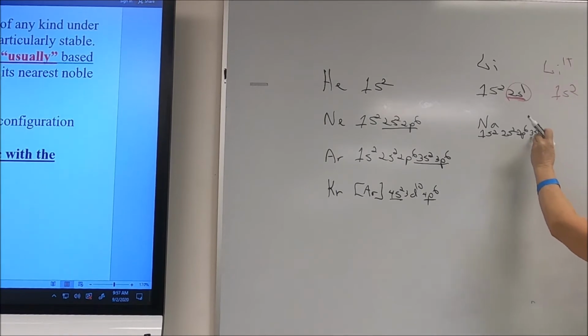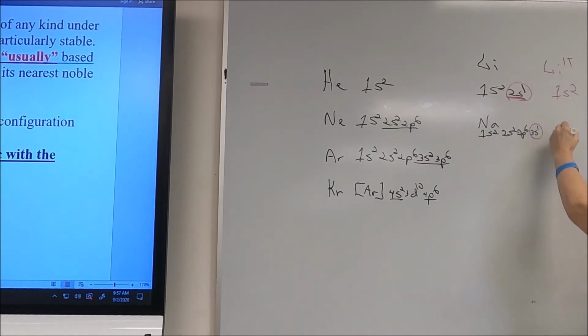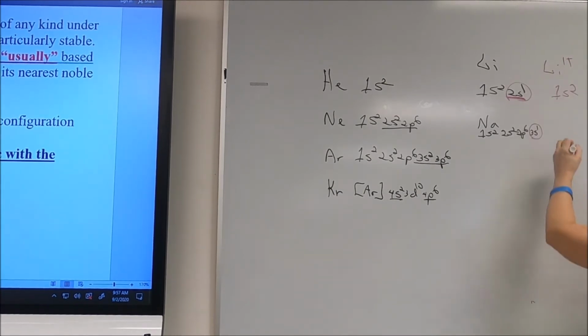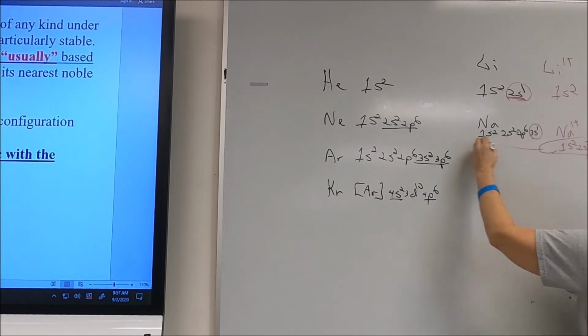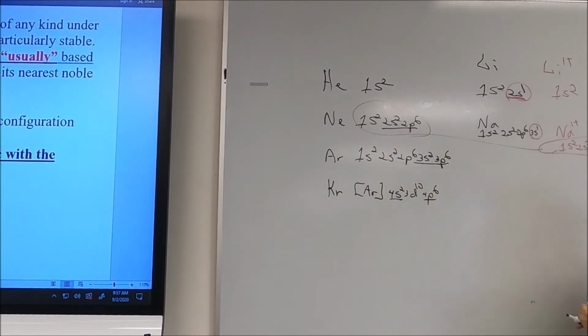Again, it's 1 electron past neon. So sodium, like lithium, wants to form a 1+ ion, 1s2, 2s2, 2p6, so that it now looks like neon. This is referred to as being isoelectronic. Isoelectronic means having the same electron configuration.